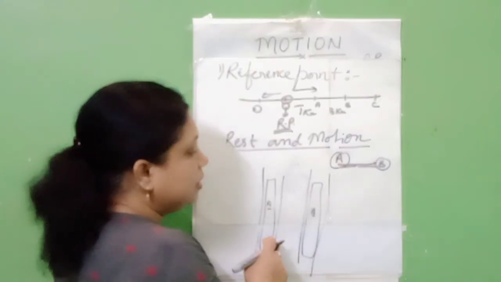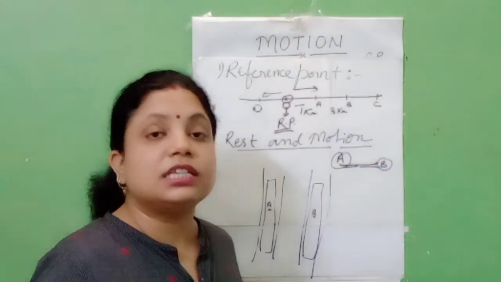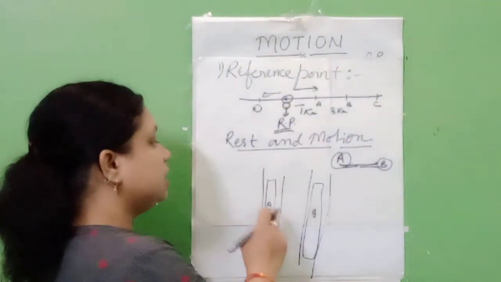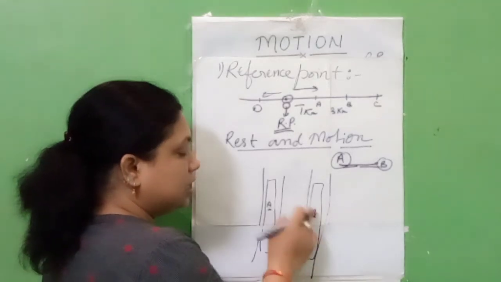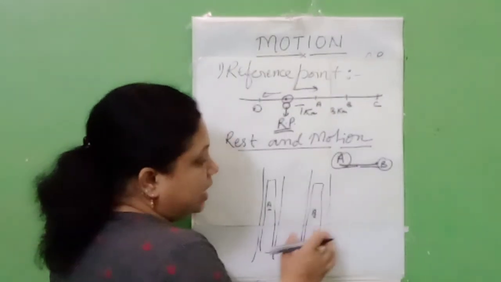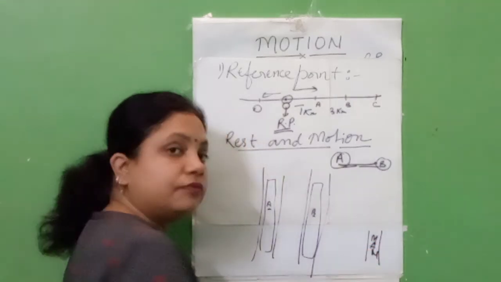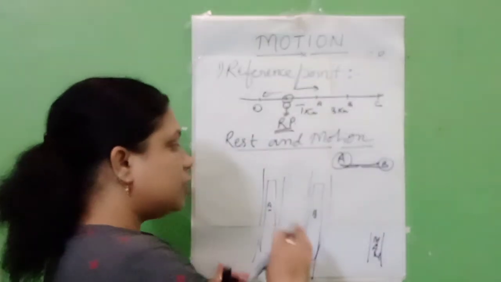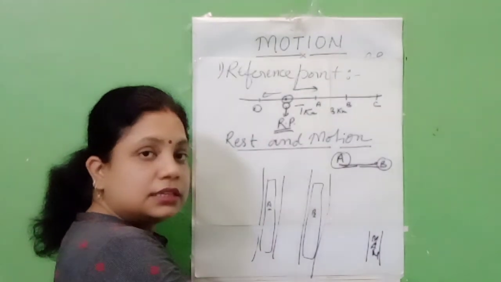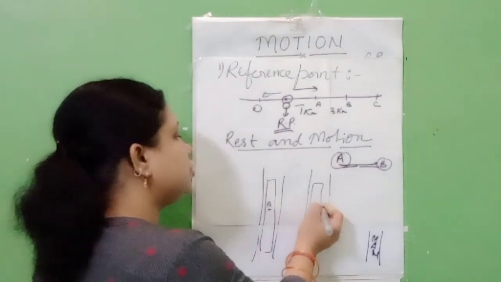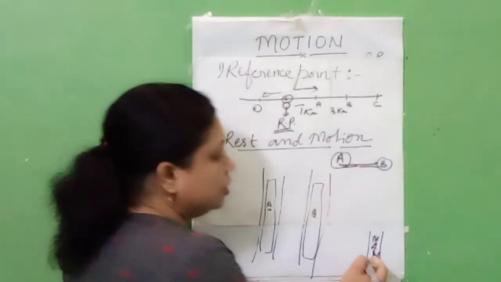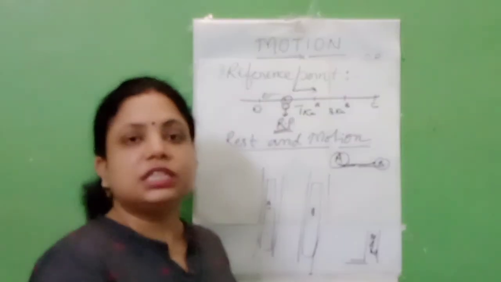Now when we say it is in motion, suppose these two persons are in the train and outside there is one man, here, fine. When we observe from outside, we see that these two trains are in motion with respect to this man.